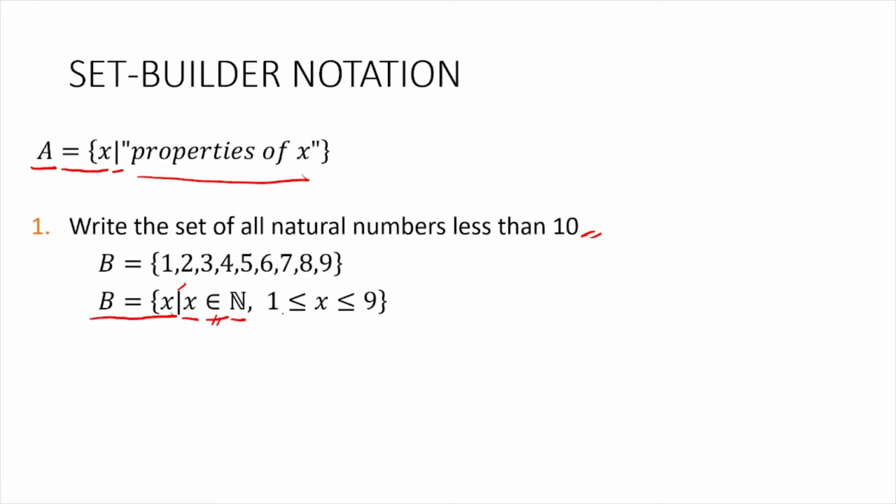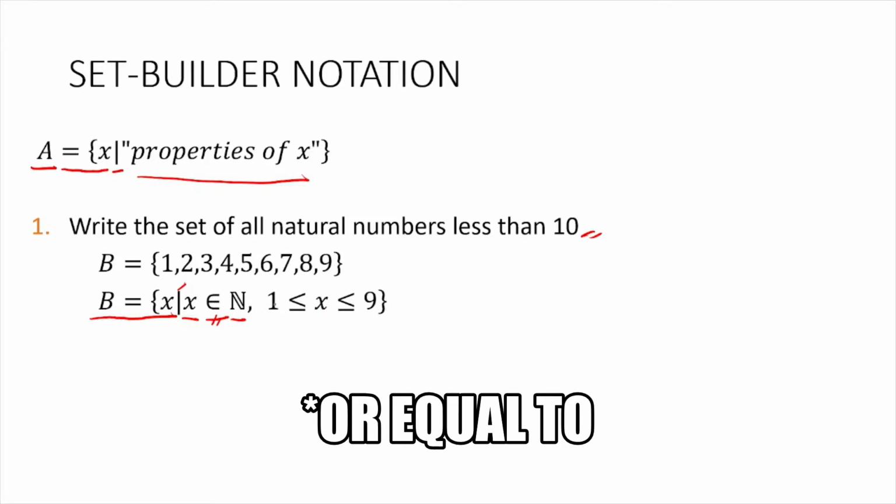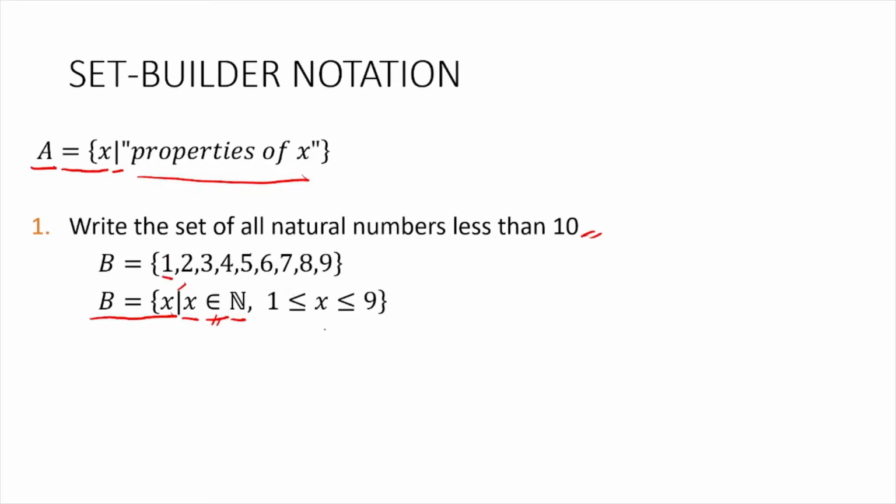And then we provide the required condition: x is greater than or equal to 1, because we started at 1, and x must be less than or equal to 9 because we stopped at 9. We can also express this as x greater than or equal to 1 and x less than 10. These two conditions mean the same thing.